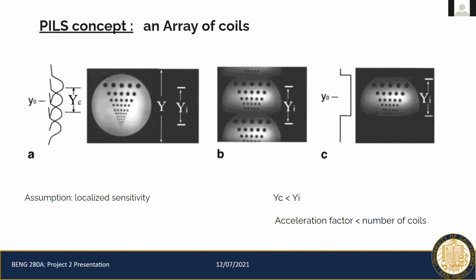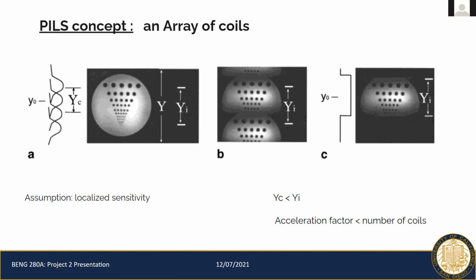All right. Here you can see that we have an array of 4 coils, as you can see in figure A, and we'll assume localized sensitivity for each coil, which means that each coil only sees a part of the full image. Each of the coils has a sensitivity range of YC.